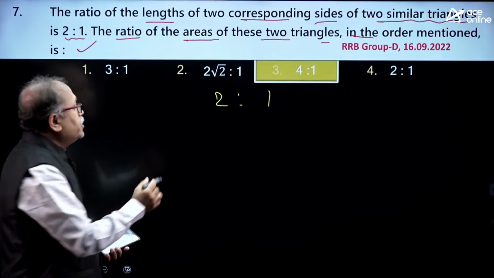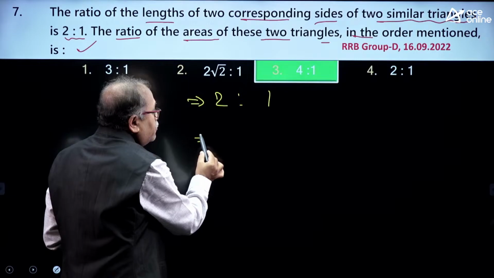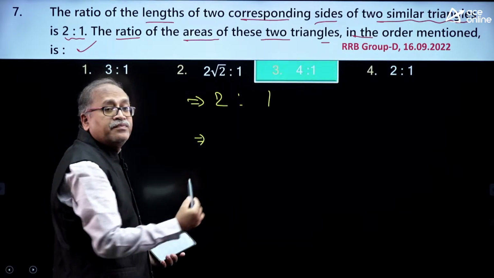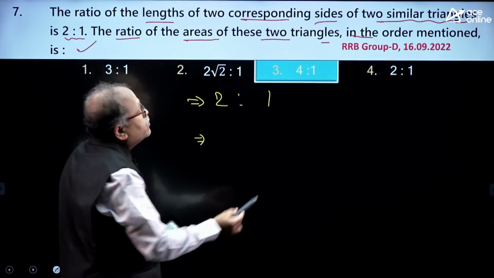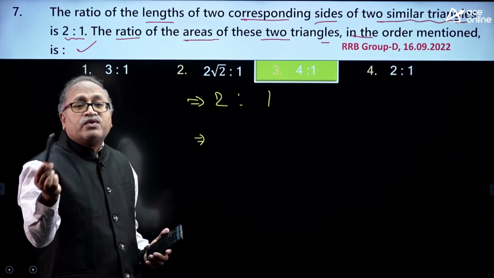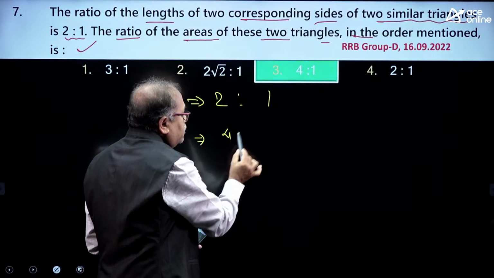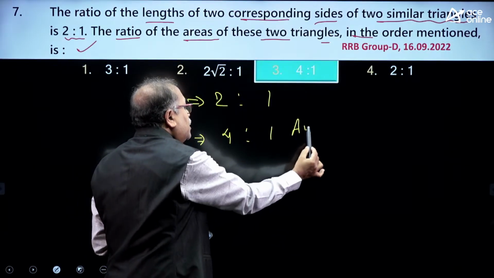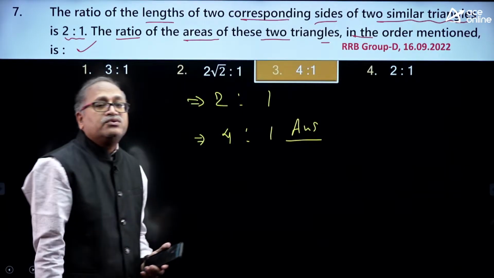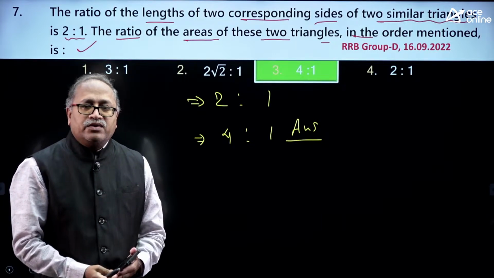If the corresponding sides are in the ratio of 2:1 in case of similar triangles, then the area will be 2 square is to 1 square, that is nothing but 4:1. Rightly answered the question. I appreciate you know a lot of concepts about triangles. Well done, my dear friend.